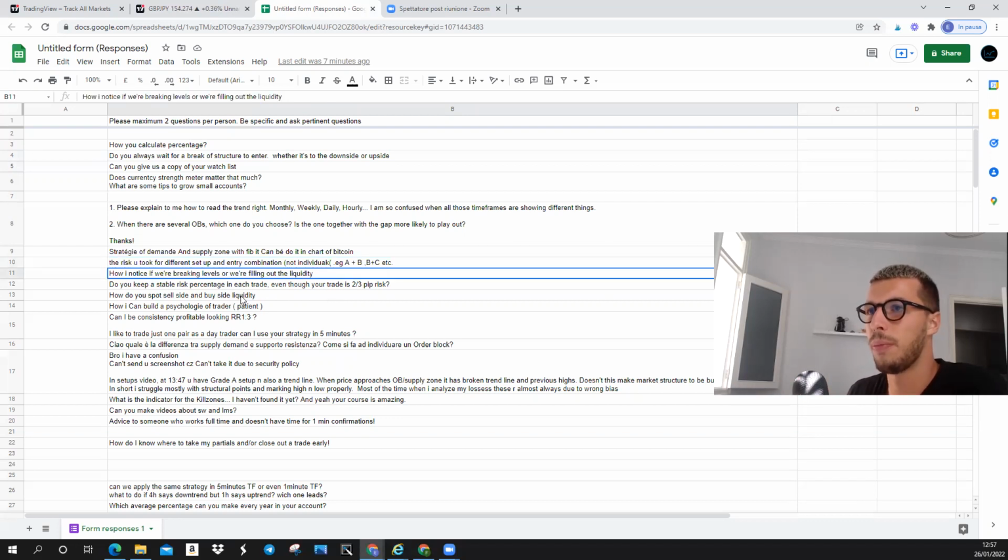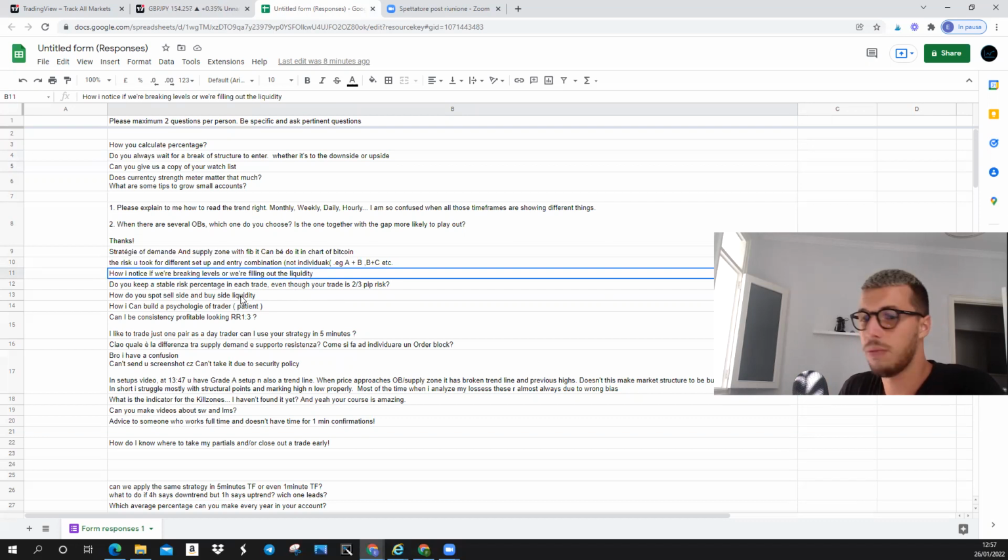How do you notice if we're breaking levels or we are filling liquidity? This really depends on your understanding of liquidity and market structure. If you still have doubts about this, you should go over the course again and look at the market structure and liquidity videos.